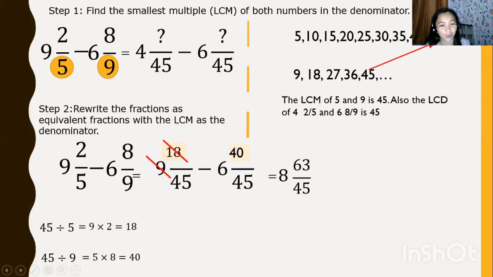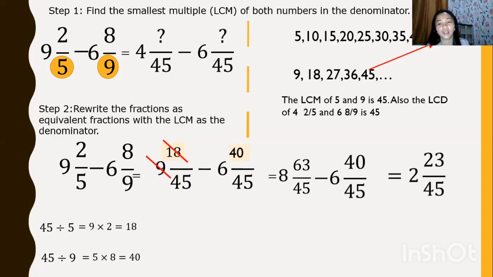That is the shortcut way. But what you actually borrow from 9 is 1 whole, which is equal to 45 over 45. So, 18 plus 45 equals 63. Copy the common denominator, which is 45. 8 minus 6 and 40 over 45, the answer is 2 and 23 over 45. So that is what we call subtraction with regrouping.